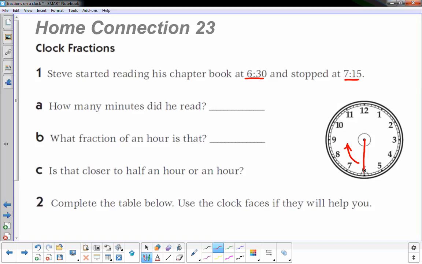So I know that he read less than an hour because 7:30 would be an hour. So I know that it continued on until the minute hand reached the 3. So I'm going to shade that in the best I can with my smartboard pen.